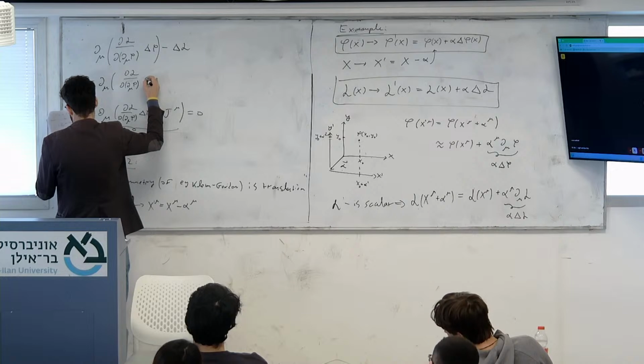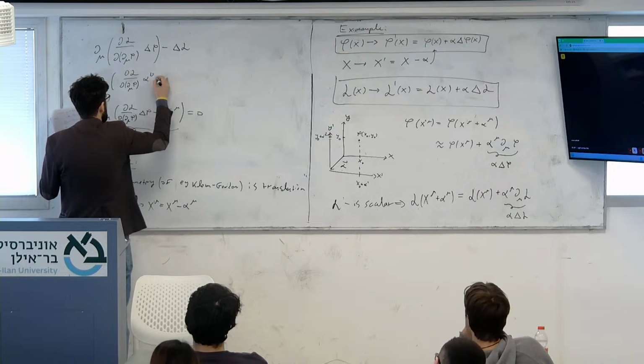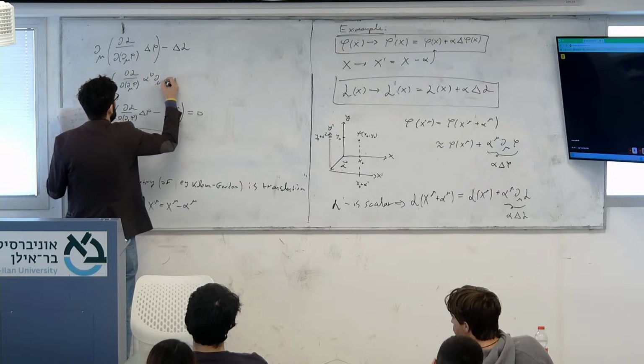times, what do we have here? We have something like α^μ ∂_μ φ.